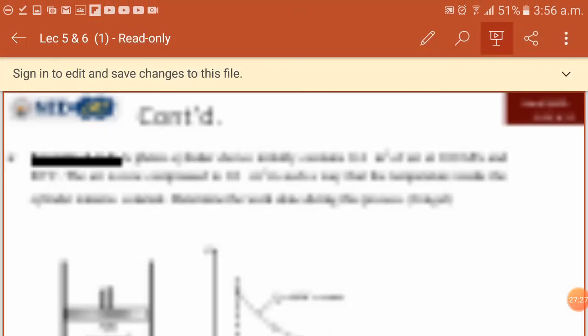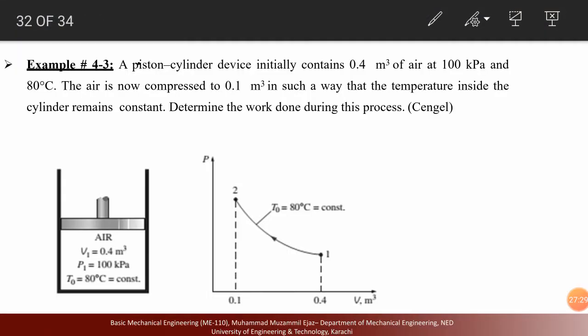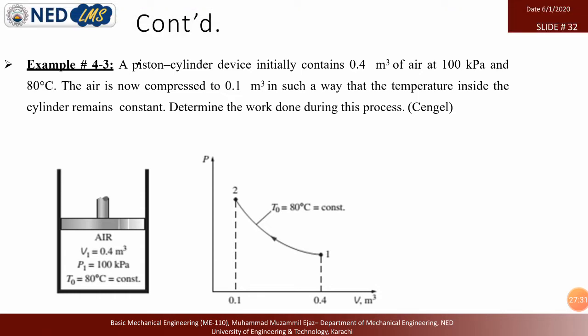So here we have to calculate the work done. The same equation, W is equal to integral from 1 to 2 of P dV. But in this example, they are not telling the polytropic index.